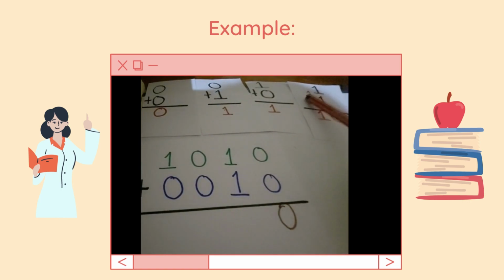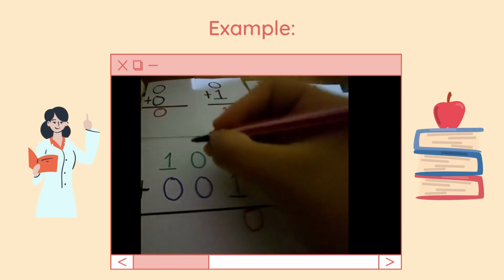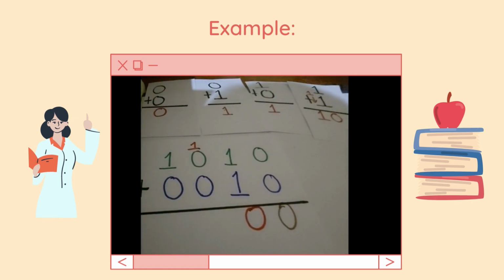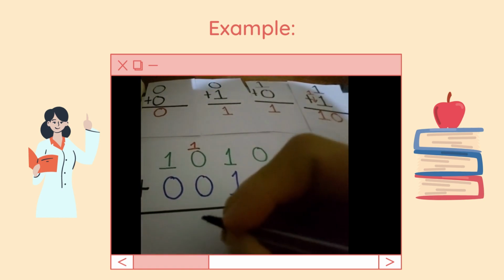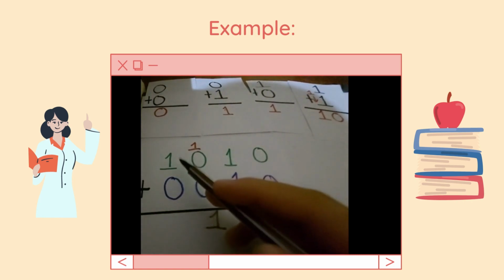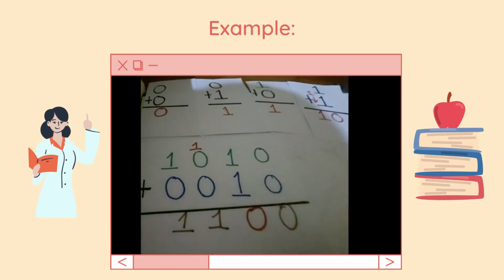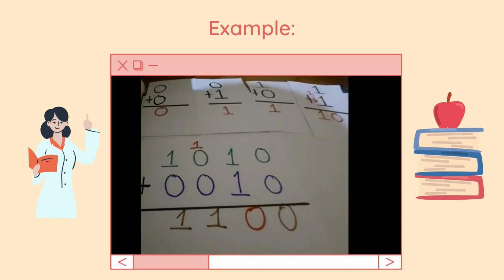We know that 1 plus 1 will give us a 0 with a 1 carry. Now we know that 1 plus 0 will give us a 1. And lastly, we know that 1 plus 0 will give us another 1. Therefore, the answer to this problem is 1100.